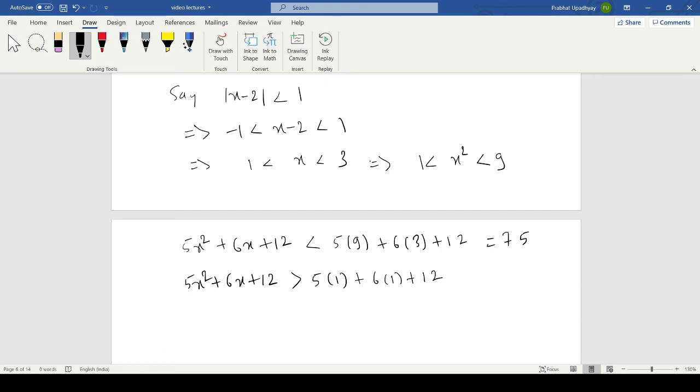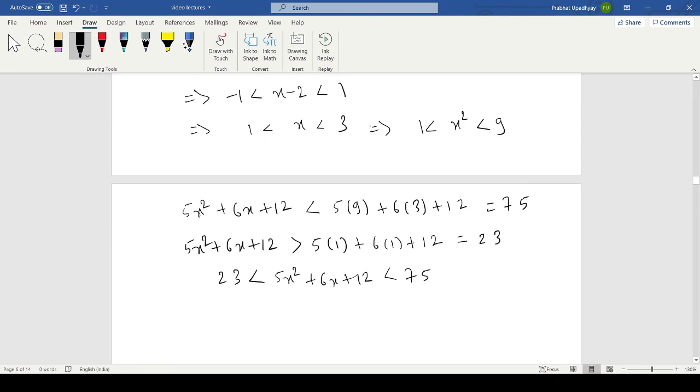That means this is equal to 23. So I have 23 less than 5x square plus 6x plus 12 is less than 75. That means my 5x square plus 6x plus 12 is positive. So I can say mod of 5x square plus 6x plus 12 is less than 75.